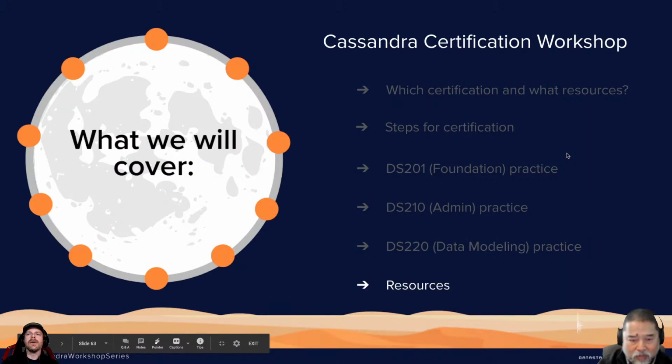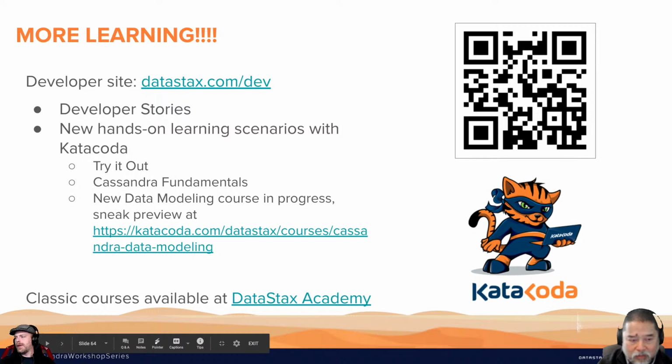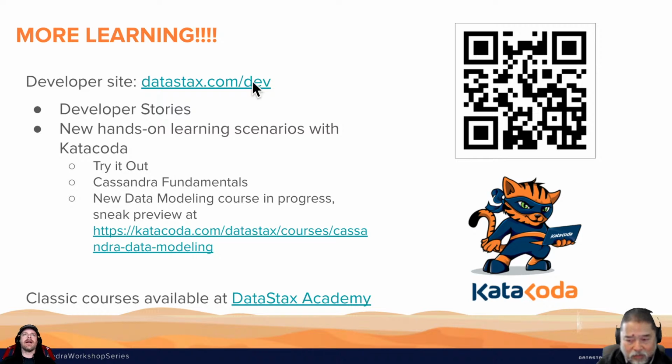To wrap up before we close out today, don't forget to go to datastax.com/dev. Separate from Academy, if you go through dev and start picking the areas you're interested in, there are Katacoda scenarios embedded right there in the site. Katacoda is a really awesome online cloud-based learning platform from O'Reilly.